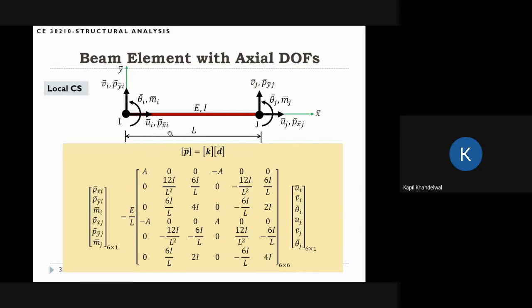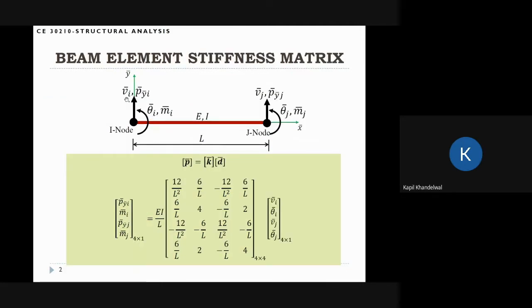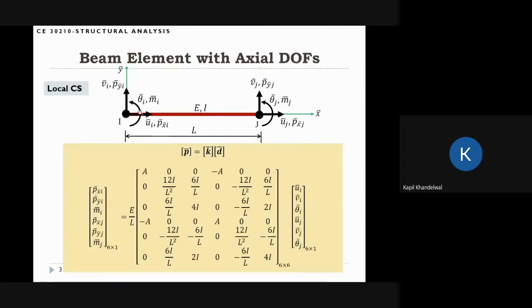You can see that I have added 2 more degrees of freedom compared to this case, where we have only vi, theta i, vj, and theta j. So ui is the horizontal displacement at the I node, and uj is the horizontal displacement at the J node. We want to find the stiffness matrix of this kind of element.